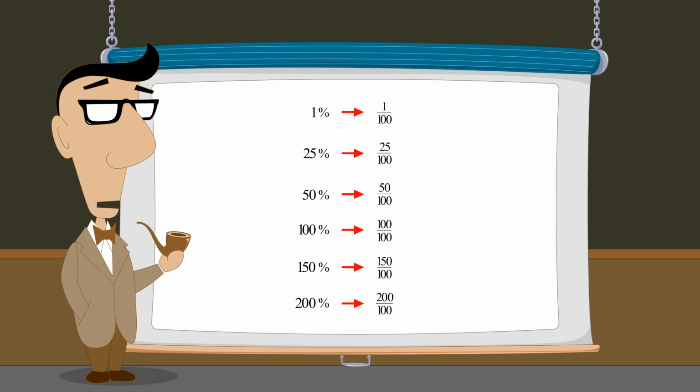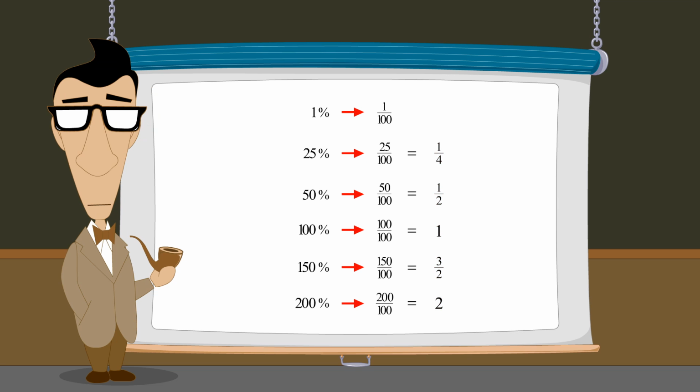In these examples, we converted percentages into equivalent fractions with denominators of 100 and reduced those fractions to the simplest form. Percentages can also be converted to equivalent decimal numbers. Instead of converting a percentage to a fraction with a denominator of 100, we can convert the percentage to a decimal number which is equivalent to that fraction by dividing the fraction's numerator by 100.